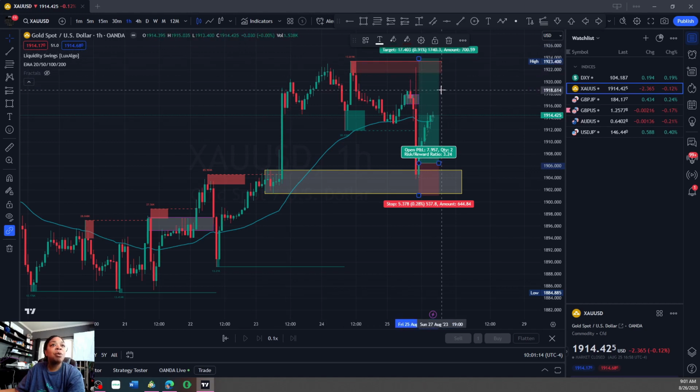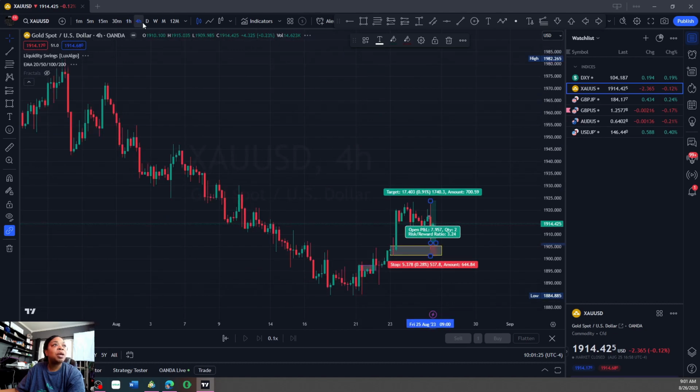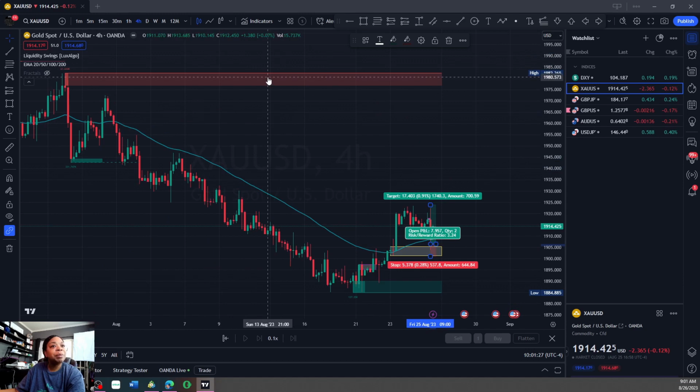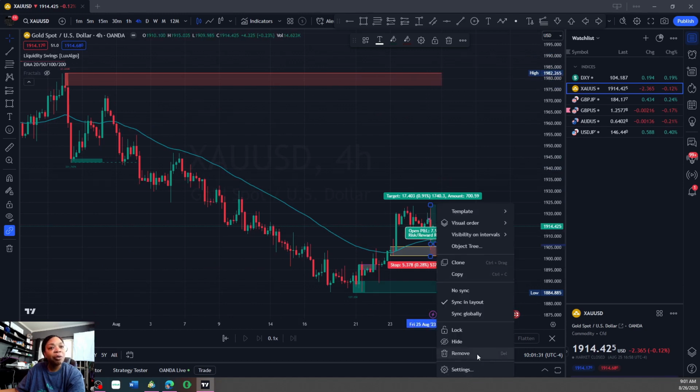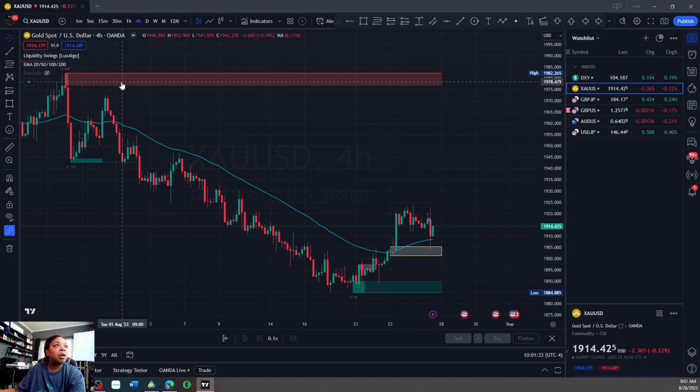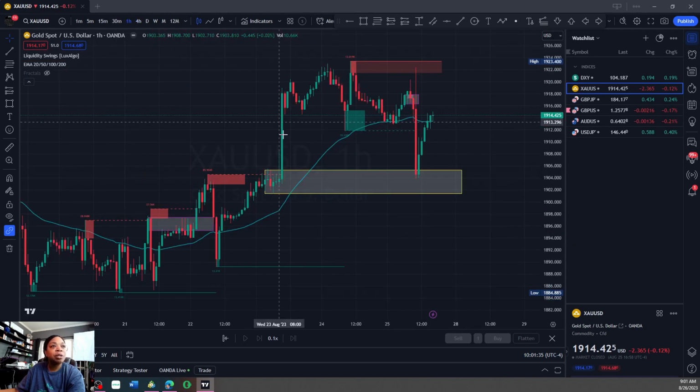But we don't know if, even if it's a supply zone up here, you can ride the counter trend of it, since it's showing that it could be potentially going up. You can counter trend trade it, but you have to be careful and know what you're doing.